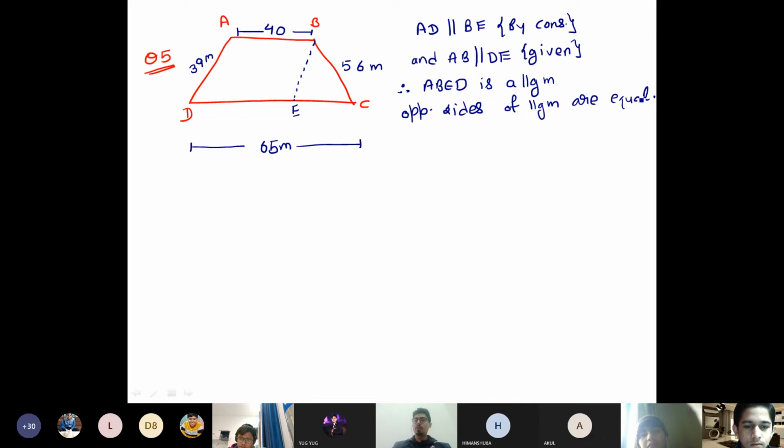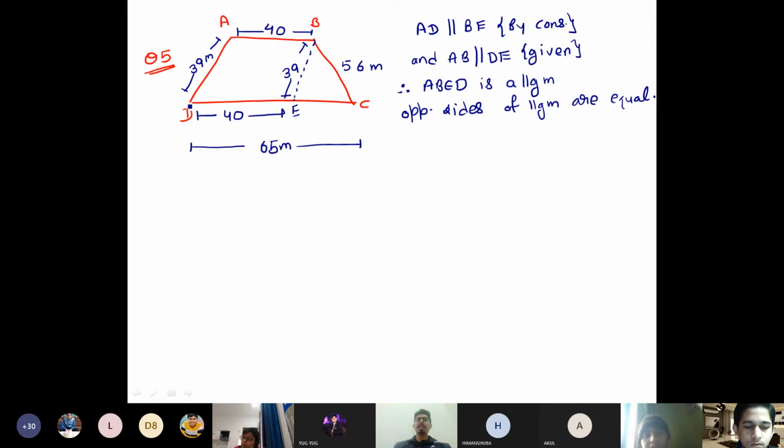So students, if the opposite sides of a parallelogram are equal, now see, this is 39, so this length BE will be 39 also. Now this AB is 40, so this will be 40 now.